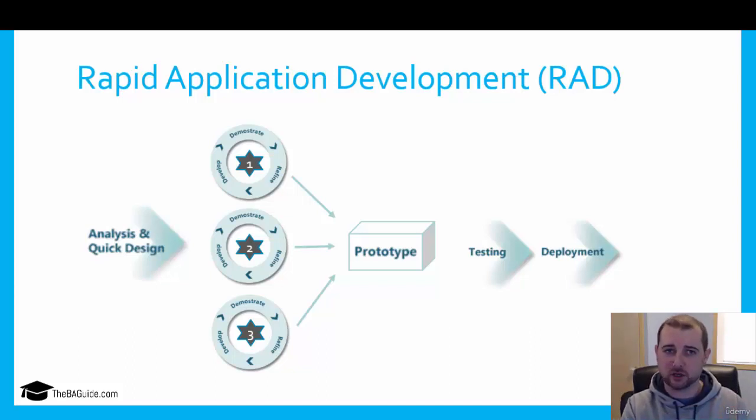You start out with an analysis and a quick design, but then once you've done that, you are segmenting that particular product into multiple segments. So independent products, if you will, that will talk to each other. And that's done with these different teams. As you can see after the analysis and quick design, you have 1, 2, and 3.